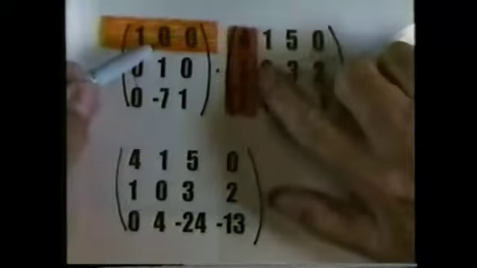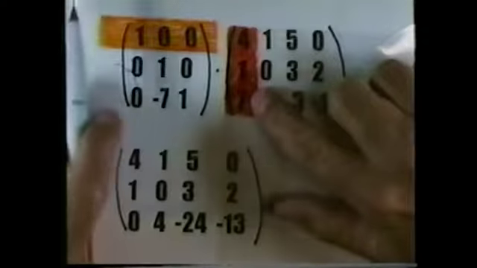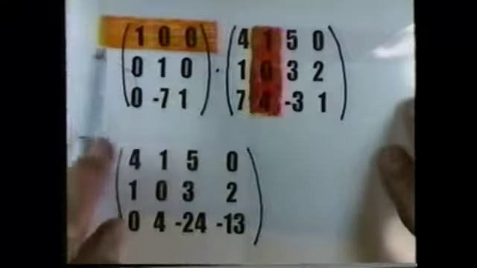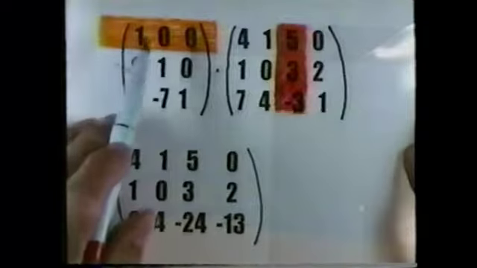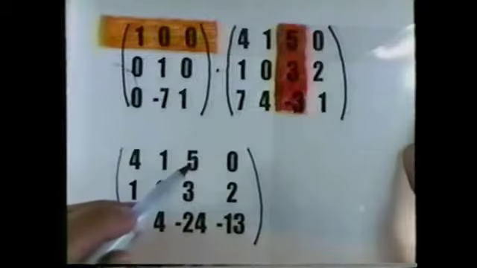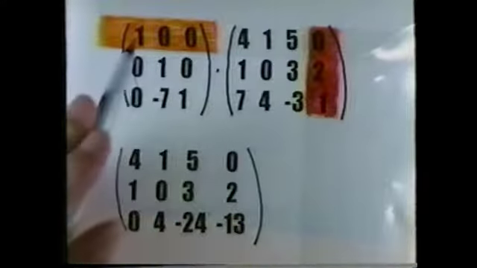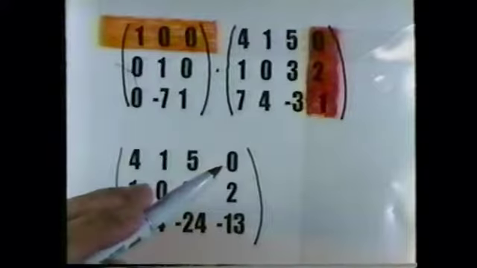That would be 4 plus 0 is 4. That would be 1 plus 0 is 1. 5 plus 0 is 5. 0, 0, 0 is 0.